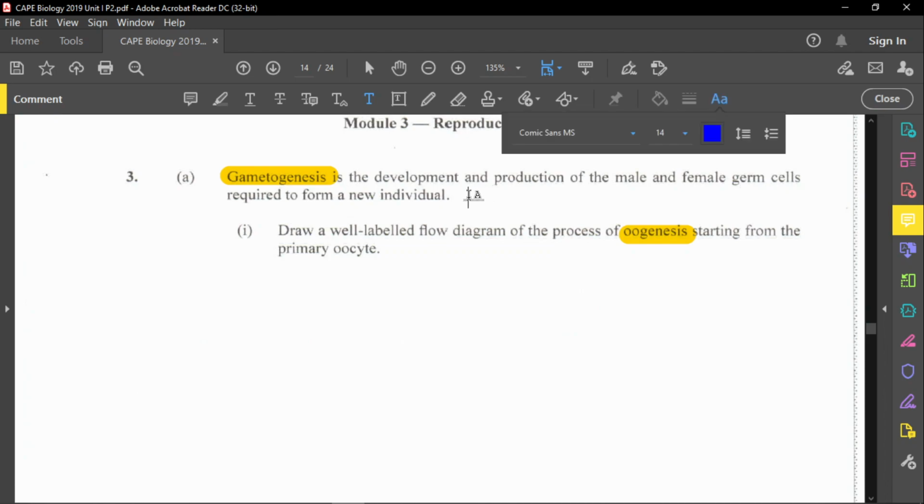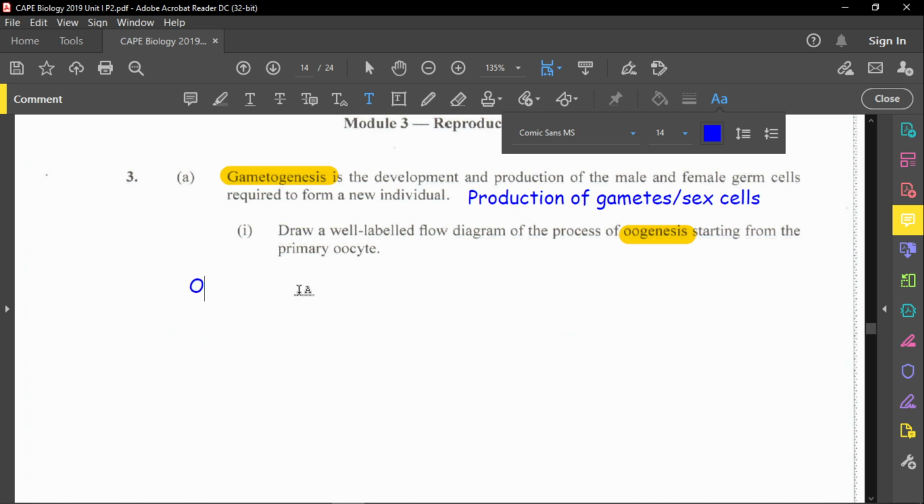So once you talk about gametogenesis, you're producing gametes. Let's just make a note of that real quick: the production of gametes, and gametes are the same thing as sex cells. Sex cells include sperm and egg. Now let's talk about what oogenesis is first, and then I go into answering the question.